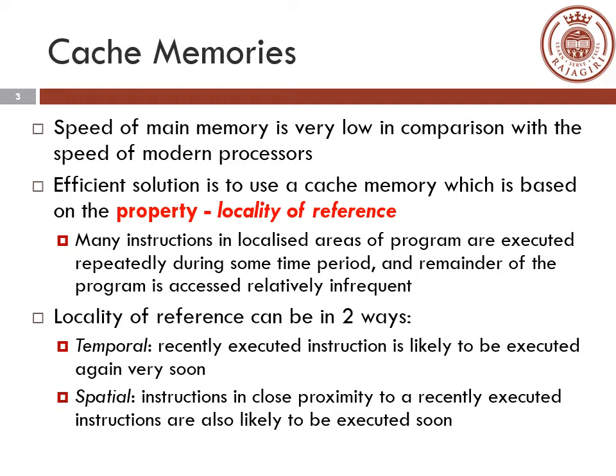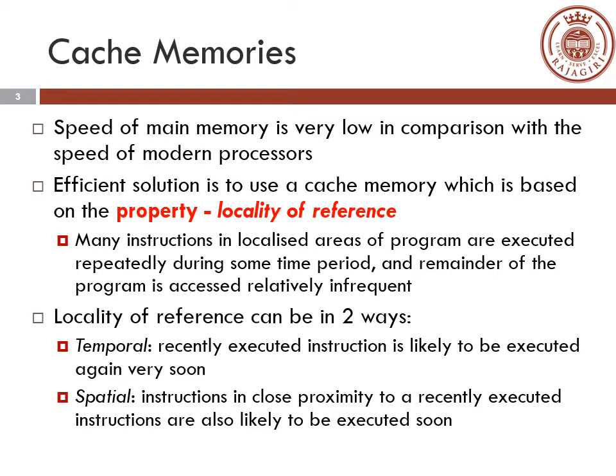So if you can bring those frequently executed instructions to the cache memory, the processor can access them from the cache memory, and this will improve the performance of the entire system.